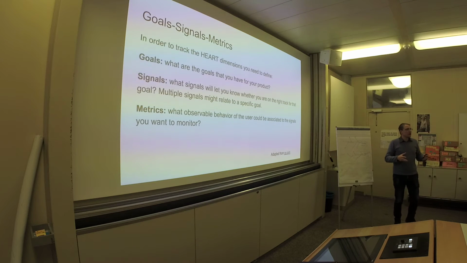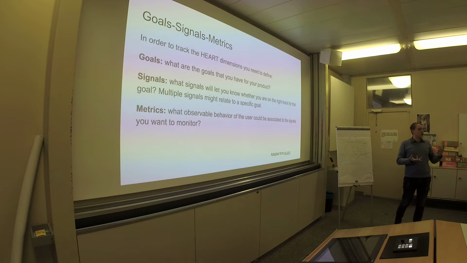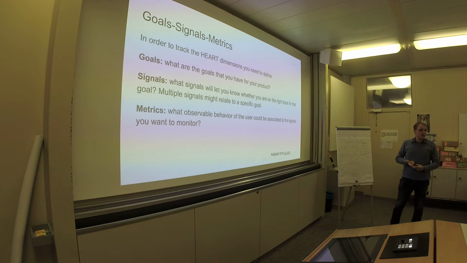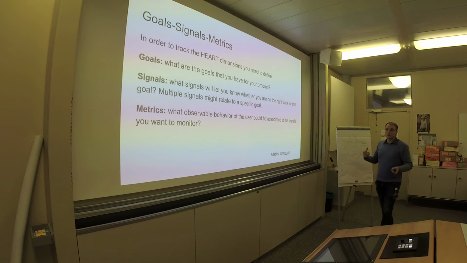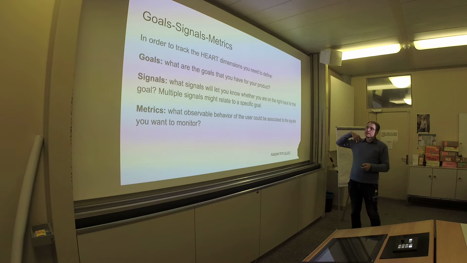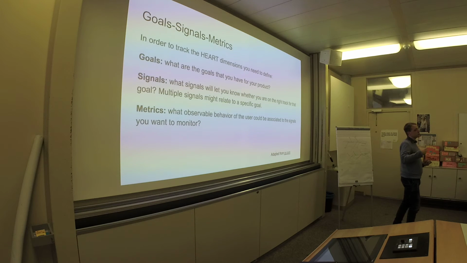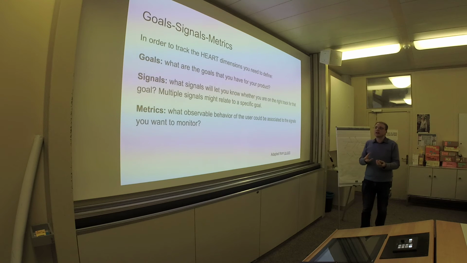For instance, you might want your customers to generate more user-generated content, in terms of pieces of data that get uploaded, or the number of news items that get generated in the case of Facebook, or stuff like that. Signals are how you are going to say whether your customers, or your product, are achieving that goal.